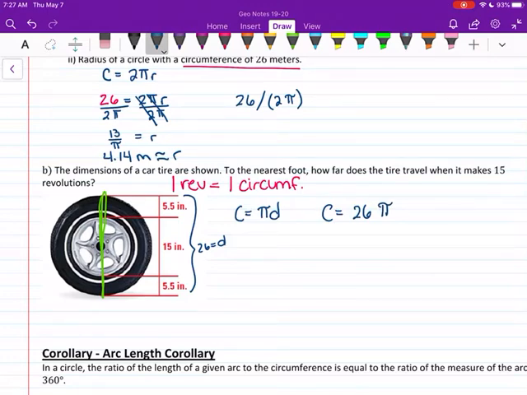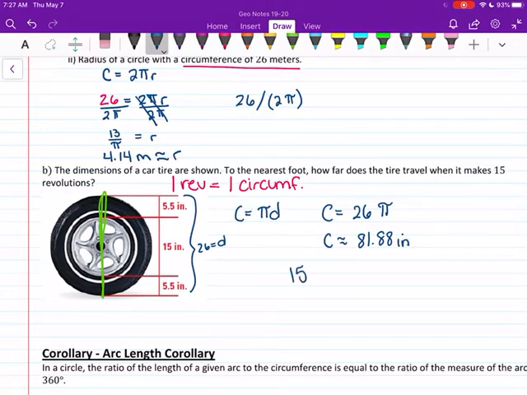Now I get circumference equals 26 times pi, and the circumference is approximately 81.88 inches. So I know in one revolution my tire is going to travel 81.88 inches.